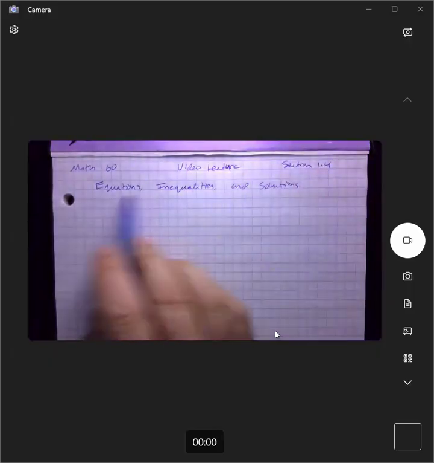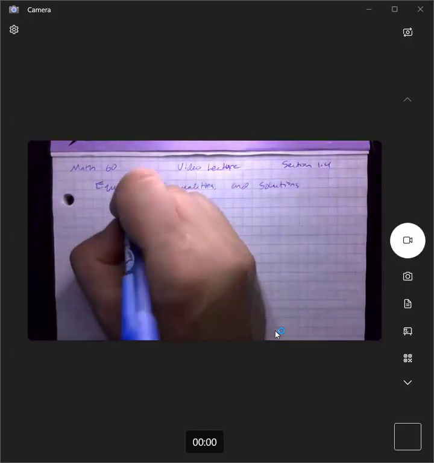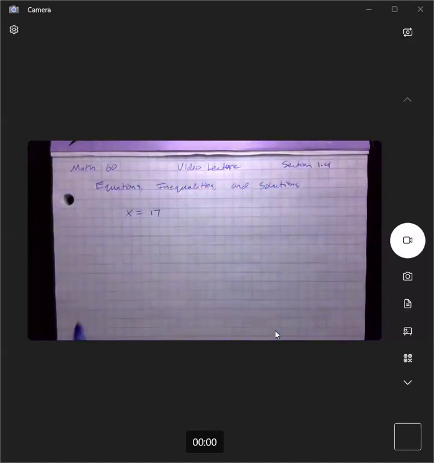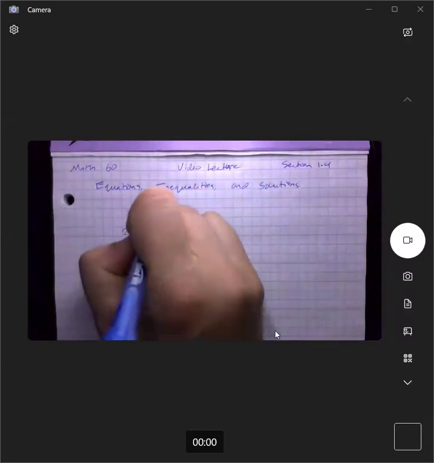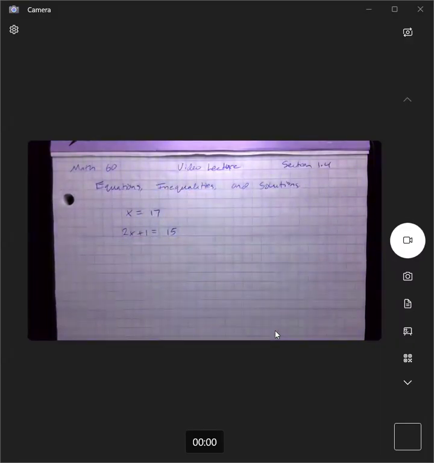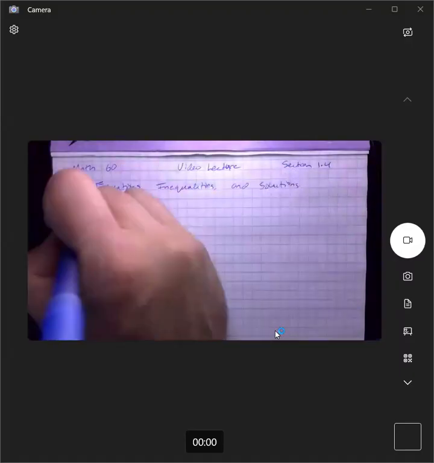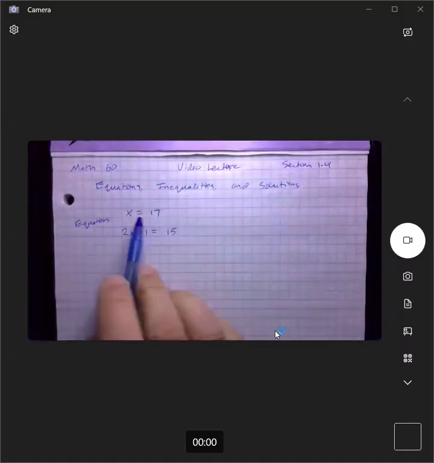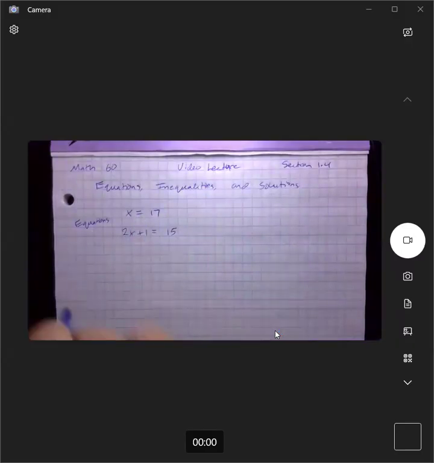So we've already seen what equations are. Equations are things like x equals 17, or 2x plus 1 equals 15. It's a mathematical expression involving an equal sign.